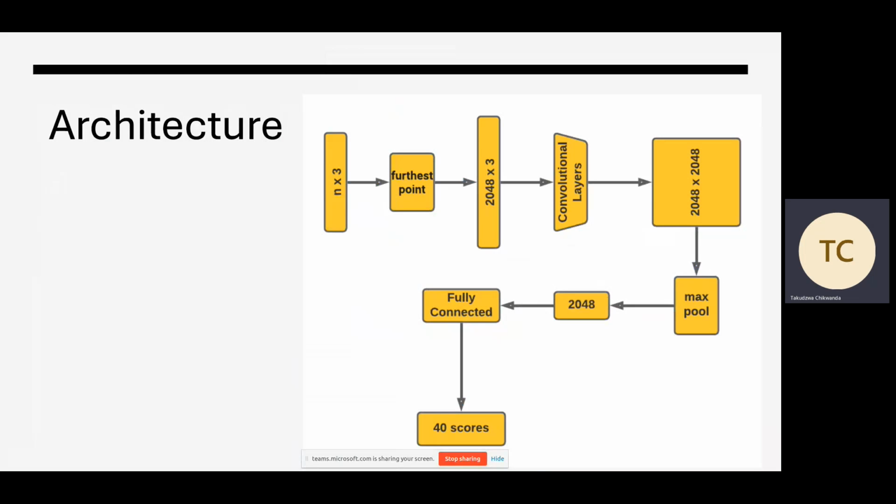took those n by 3 points, and then I took the 2048 furthest points from that network. Each point is 3 dimensions, X, Y, and Z. I discarded the rest, stuff like RGB and all those.